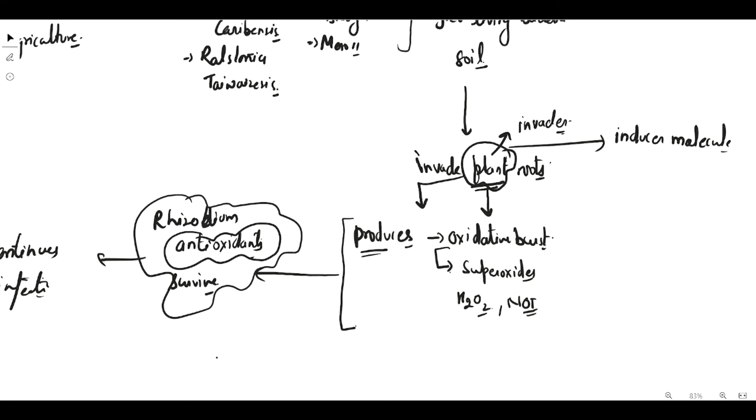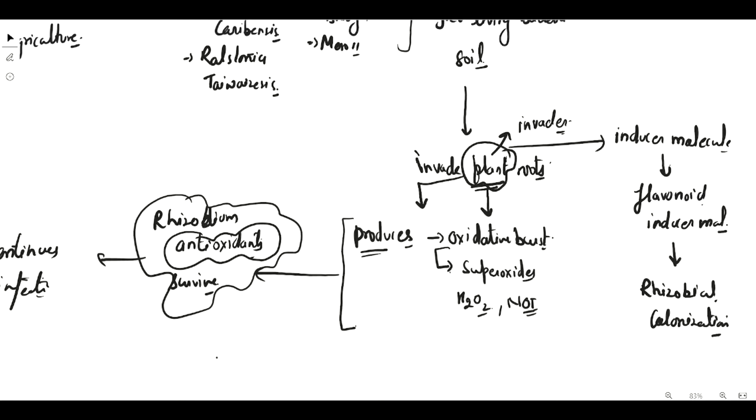This inducer molecule is known as a flavonoid inducer molecule, and it induces rhizobial colonization in the plant roots.